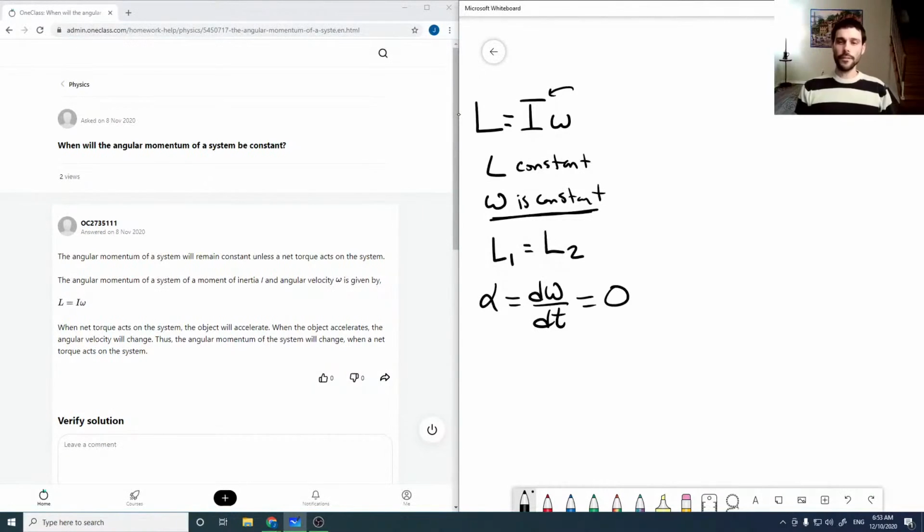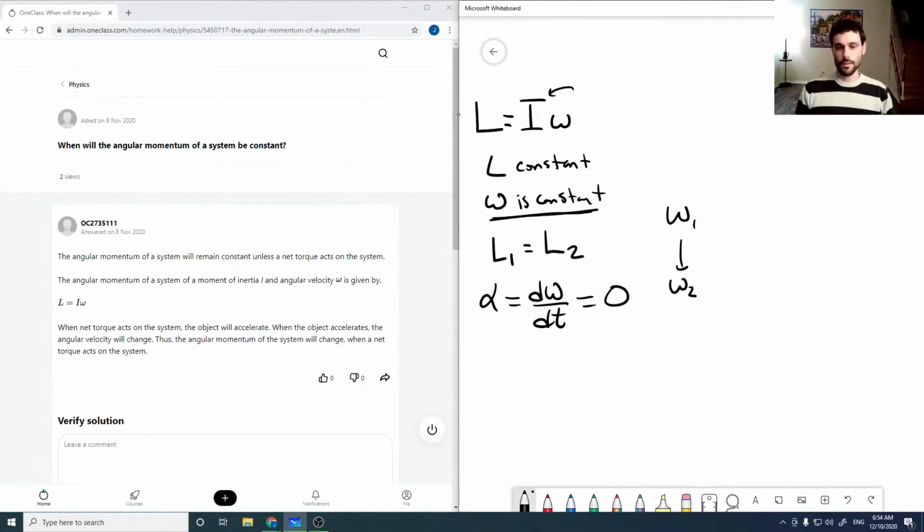If our alpha is 0, even if omega changes, so we go from one value to another value, as long as there's no long-term angular acceleration, then our L should be constant.